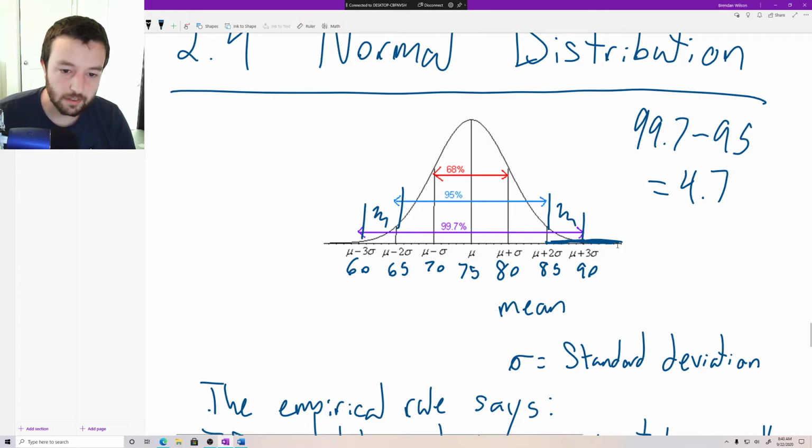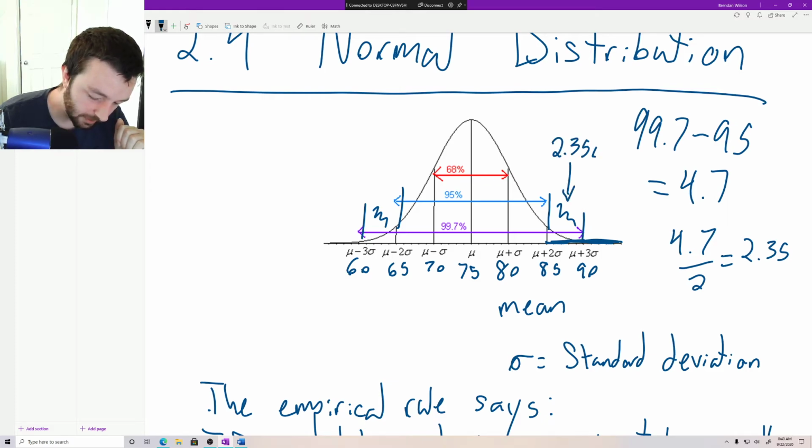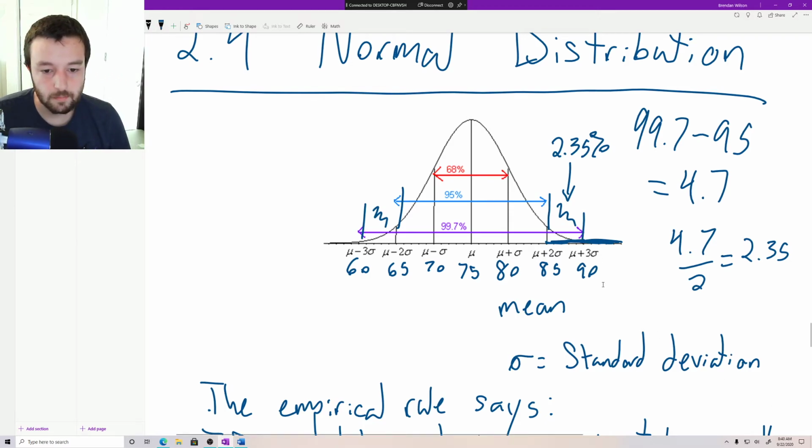Now we're only interested in this one in particular, so we divide it by 2. So 4.7 divided by 2 is what we're looking for here, which is going to be 2.35. So this part is 2.35%. Okay, so we're almost there. We found this part. We just need to know about this part.